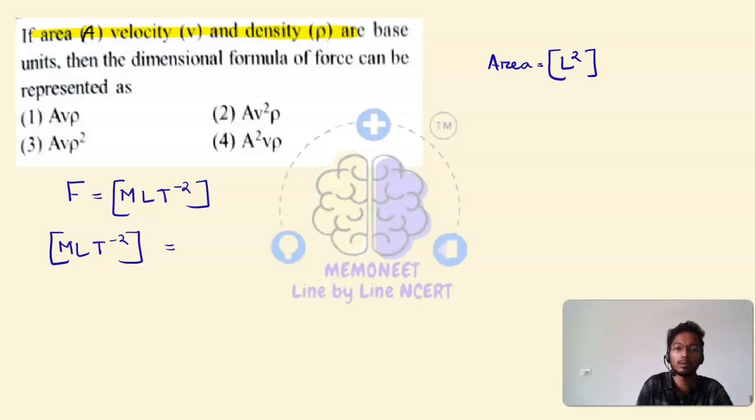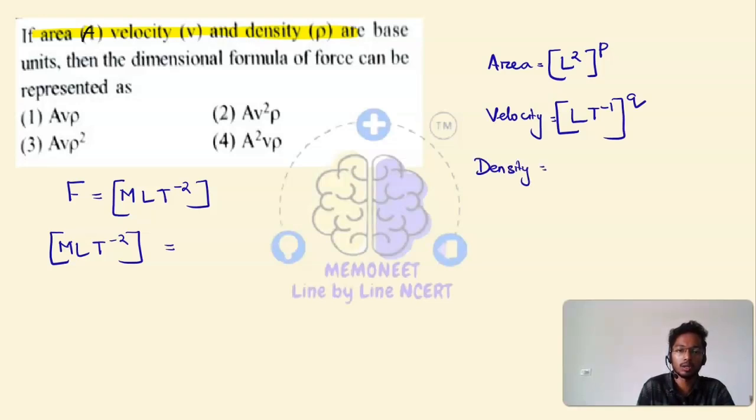So the power it has, let's say, is P, L square to the power P. For the velocity, that is L T to the power minus 1, and the power, let's say, will be Q. And the density is equal to mass upon volume, that is M L to the power minus 3.